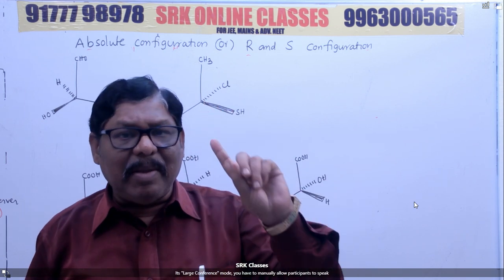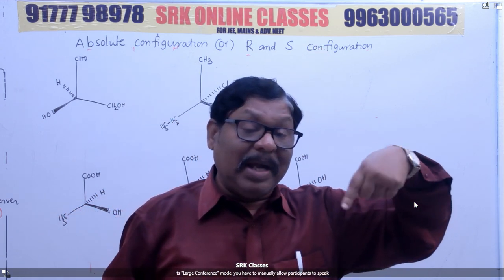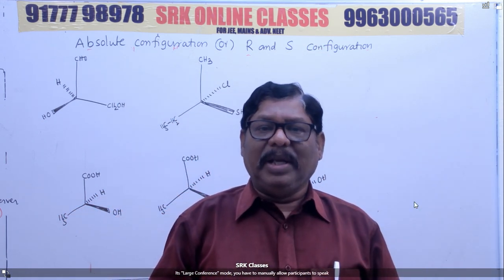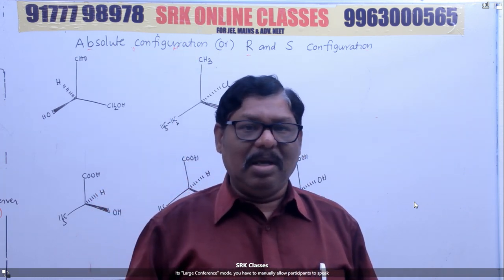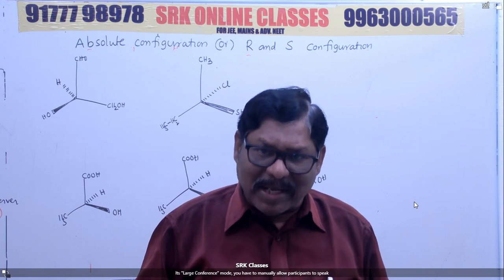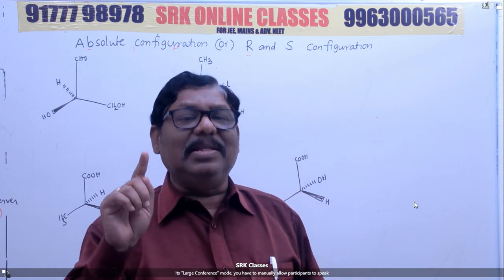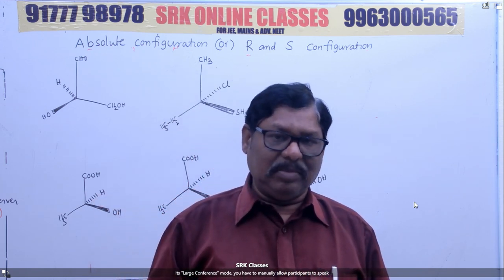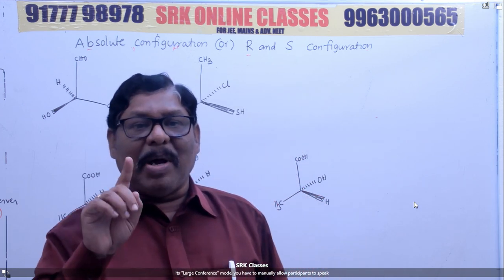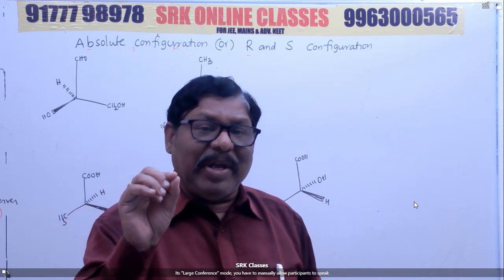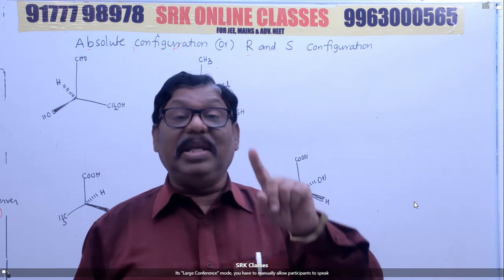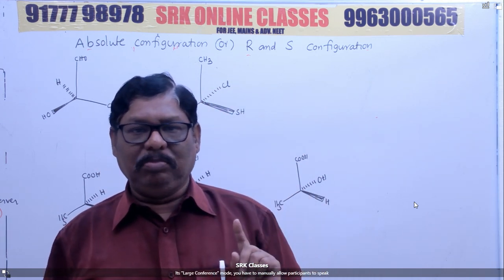If the first 3 priority groups are connected in anti-clockwise direction, it is said to be S configuration, sinister. R is clockwise direction, S is anti-clockwise direction. But the most important point to be remembered is, before identifying RS configuration, see the fourth priority group.